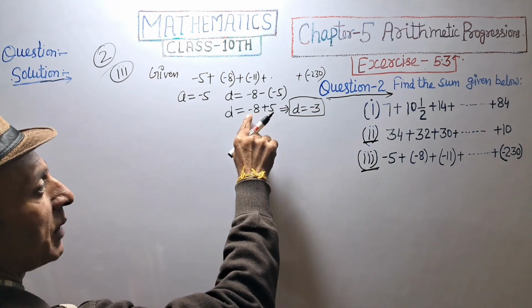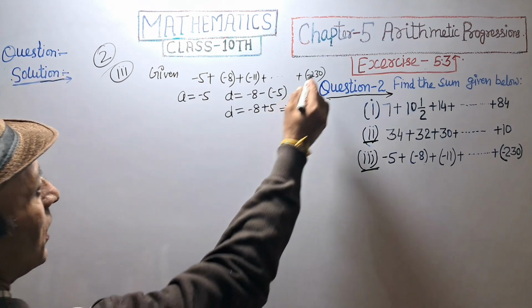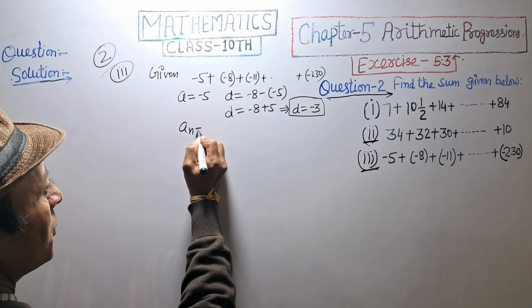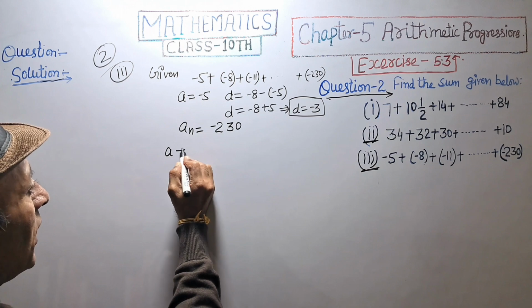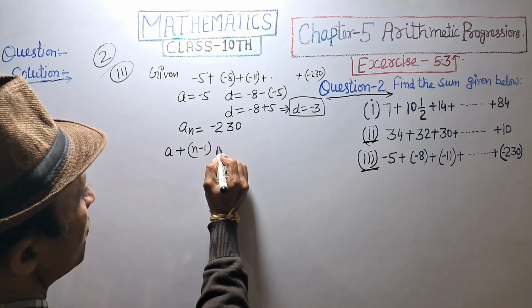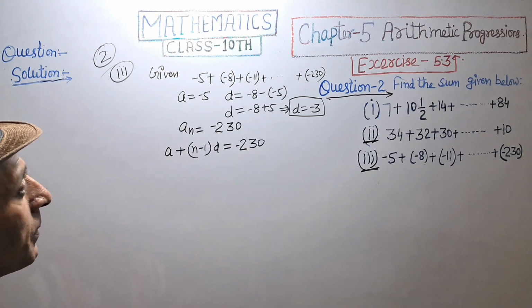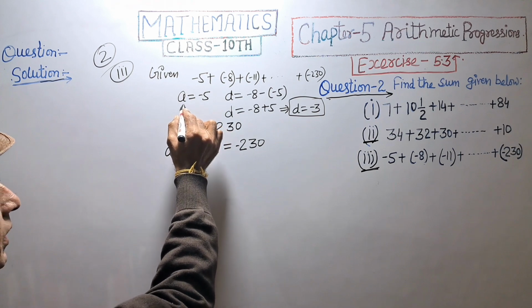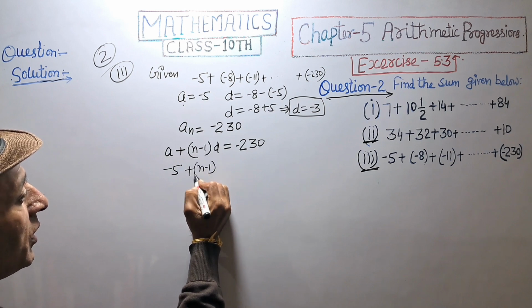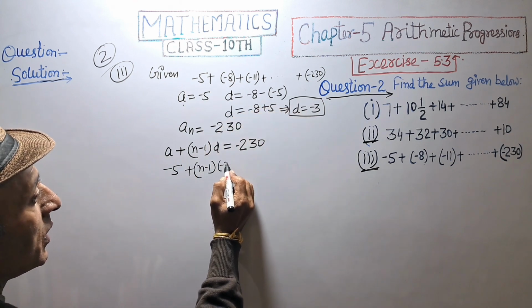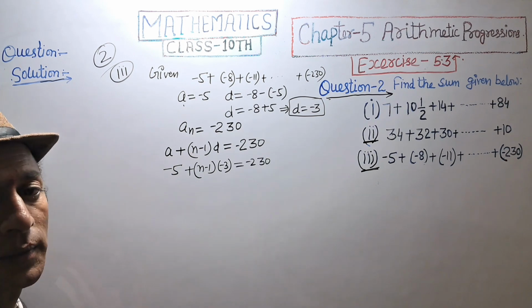Minus 8 plus 5, that is equal to minus 3. Last term an is equal to minus 230. An can be written a plus n minus 1 into d is equal to minus 230. A is equal to minus 5 plus n minus 1 into d, which is minus 3, equal to minus 230.